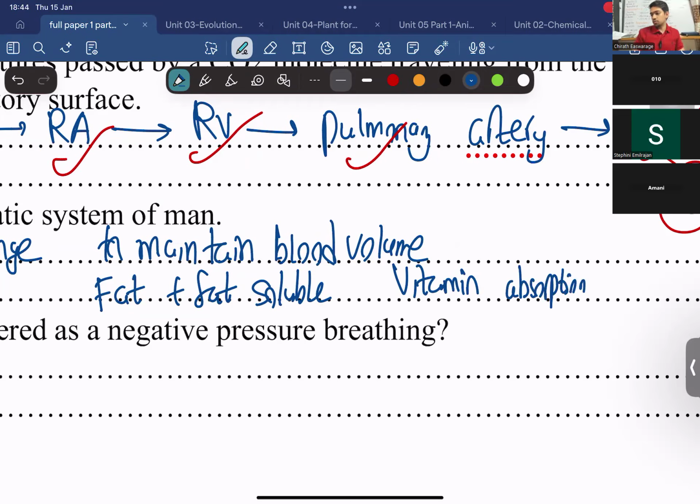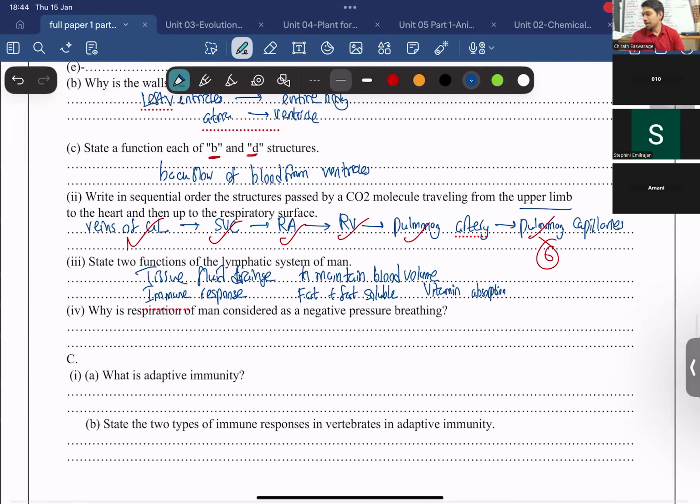Fat soluble vitamin absorption. Where? Anyone? What is the part of the lymphatic system that is absorbing fat and fat soluble vitamins? What is the part of the lymphatic system found in your digestive system that can absorb fat and fat soluble vitamins?